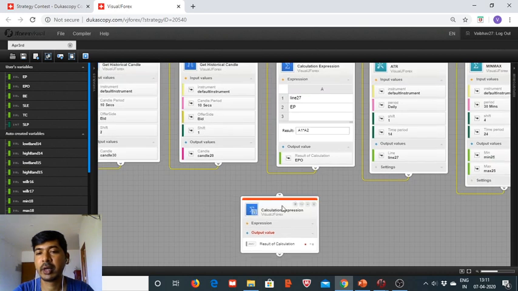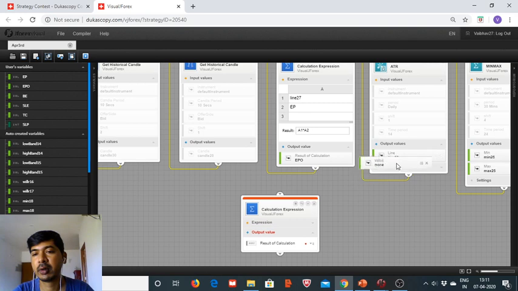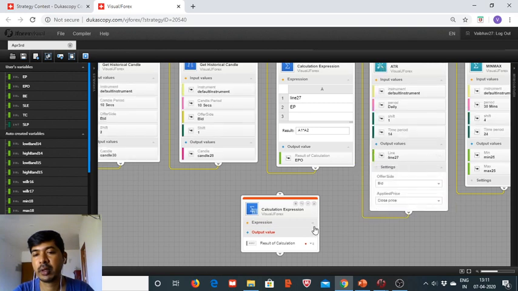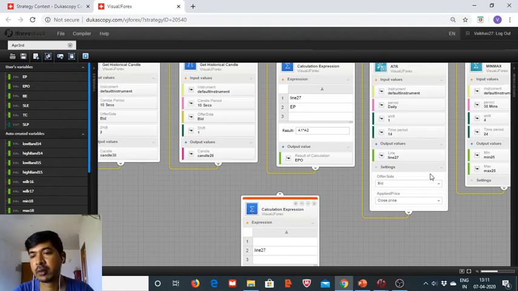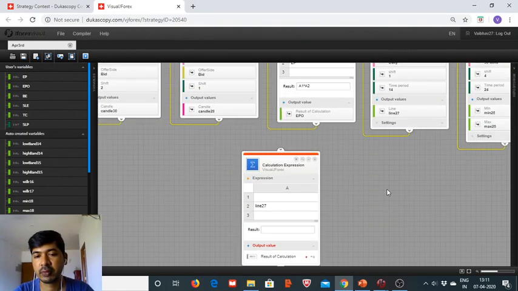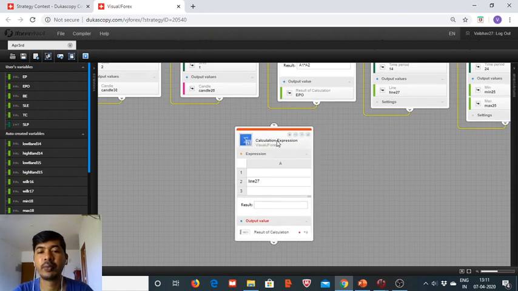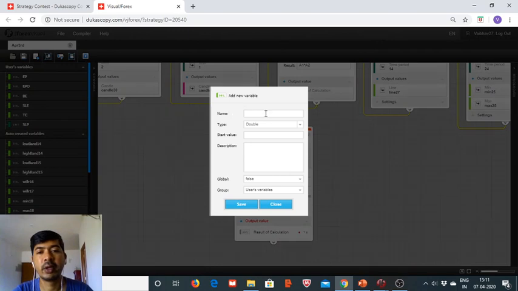So we will multiply it by 1.1. Now this is our ATR. We take this at, okay, no issues if it has gone into A2. Let us create a variable. It will be target price entry, and it will be 1.1.